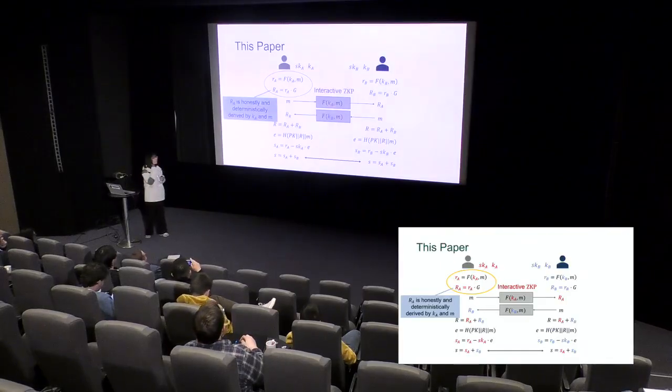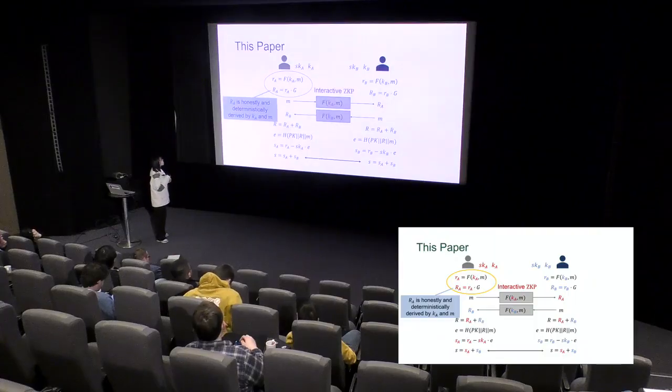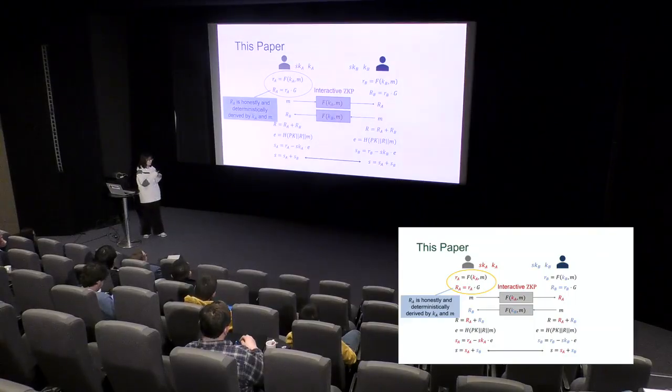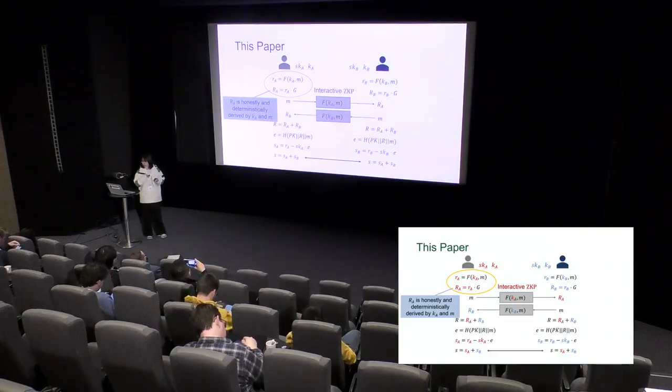This paper is solving this problem by designing a cryptography protocol that makes sure each party can prove the public nonces, for example, the capital RA and the capital RB, are honestly and deterministically derived by the pseudorandom function with the party's seed and the signing message. This is clear by definition.